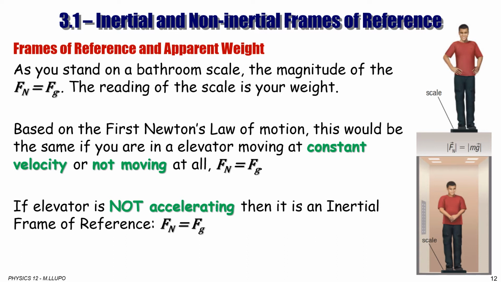So the elevator is not accelerating. That means you are in an inertial frame of reference, so the law of inertia applies. The law of inertia holds. That means if the elevator is stationary or moving at constant velocity, the normal force or reading on a bathroom scale is equal to your force of gravity or your weight.